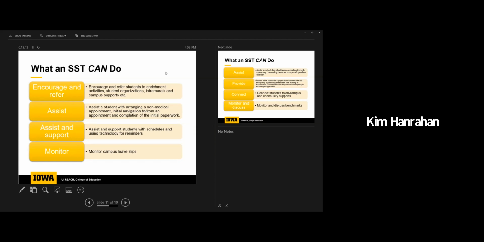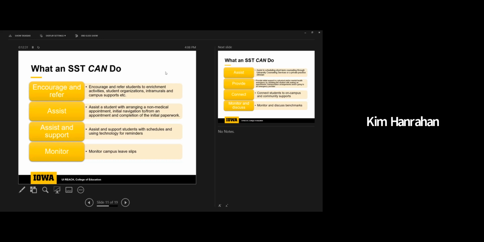We can help with non-medical appointments. We can help with navigation or completion of initial paperwork, very basic, as long as the student has that information at hand or it's available to us. We can support students with their schedules and use of technology.